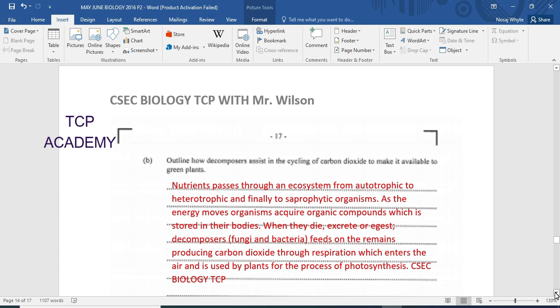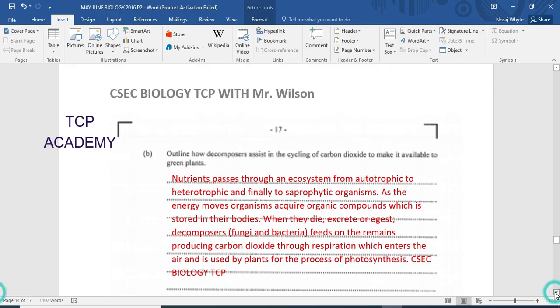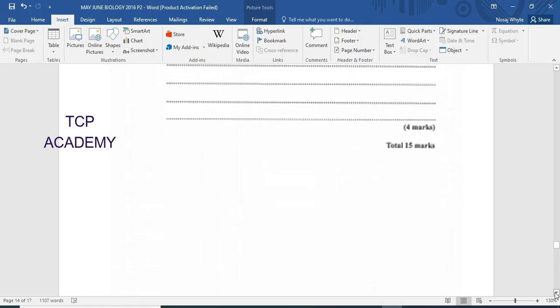So they are breaking down everything as they aid in this decomposition, releasing the trapped nutrients and energy that is in this food. It's released into the soil, taken up by plants, and of course the carbon dioxide enters the air to be a part of the carbon cycle, continuing the cycling of carbon.